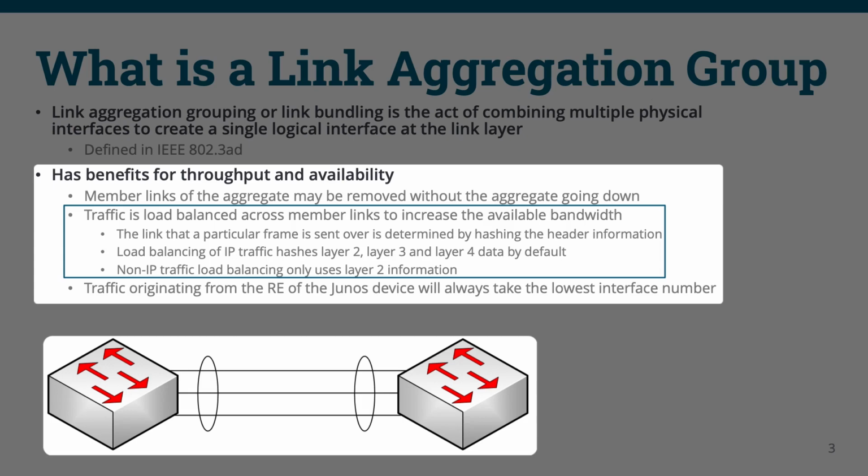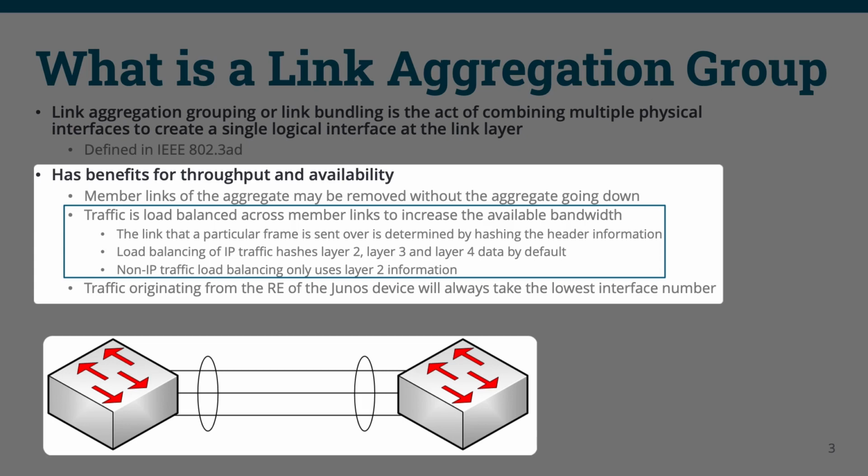Some device manufacturers only use Layer 2 or Layer 3 information by default. This would mean that all traffic between two MAC addresses, or all traffic between two IP addresses which traverse this LAG, would end up being directed to the same physical link. This can cause very uneven load balancing if most of the traffic is between two servers, for example.